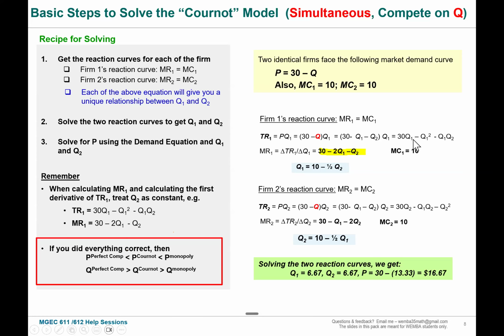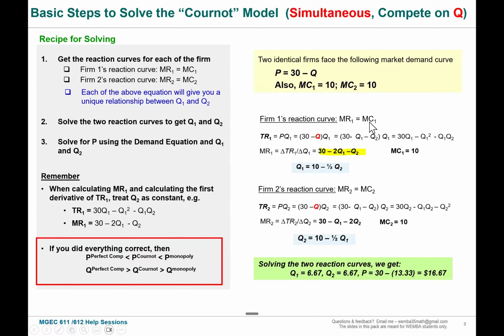When you differentiate this with respect to Q1, treat Q2 as a constant in the Cournot model because both of them are making decisions simultaneously. 30Q1 becomes 30, Q1 square becomes 2Q1, and Q1Q2, treating Q2 as constant, becomes just Q2 because Q1 goes away. So marginal revenue is 30 minus 2Q1 minus Q2.